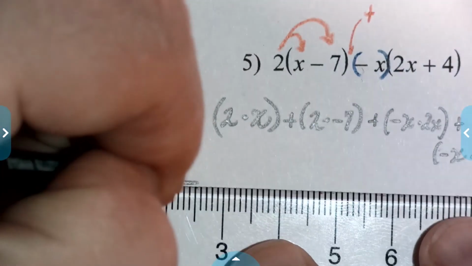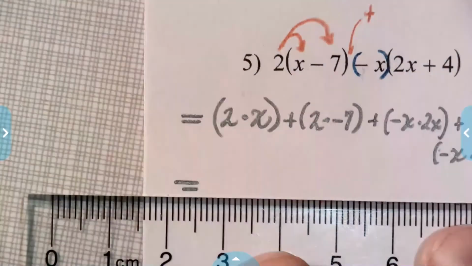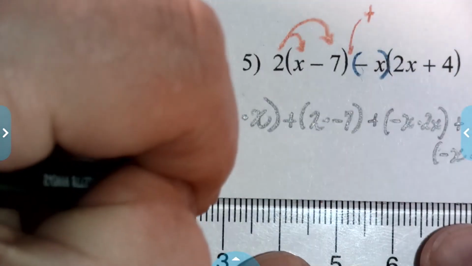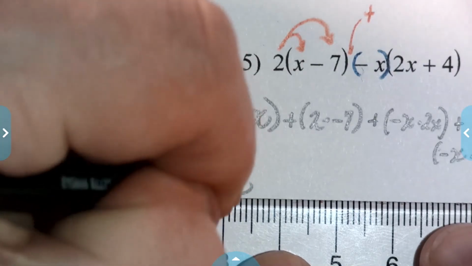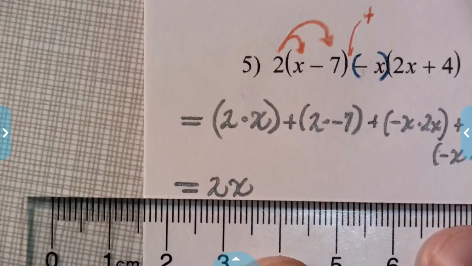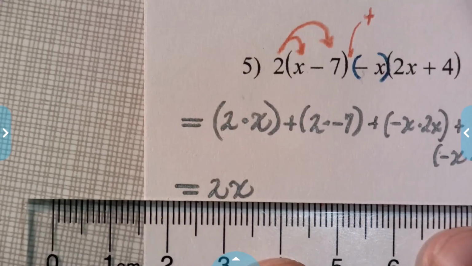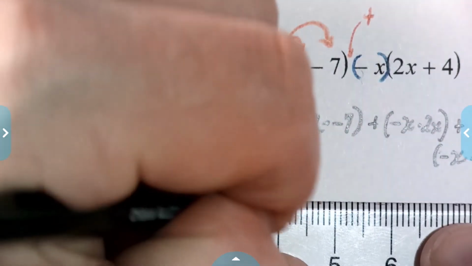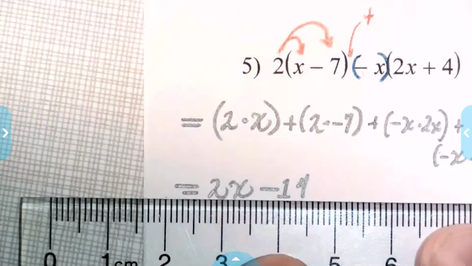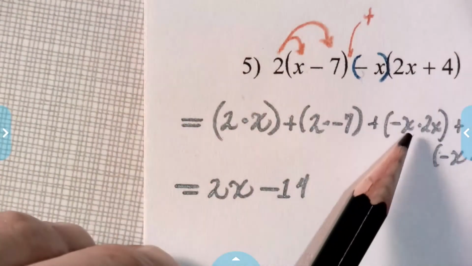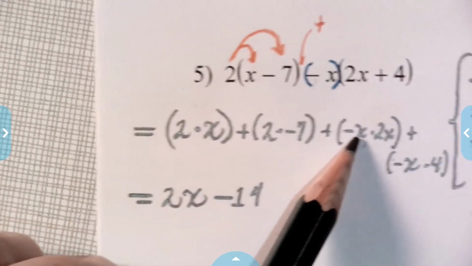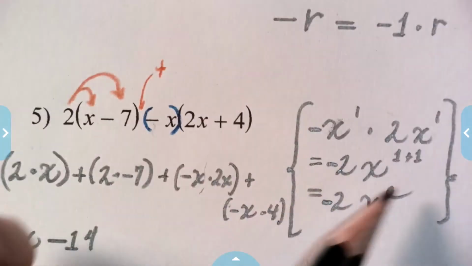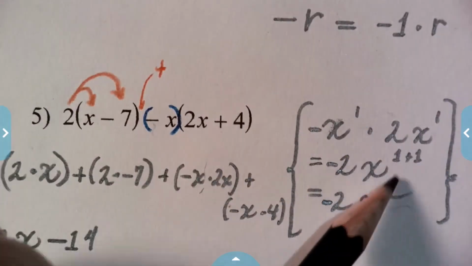So 2 times x is just 2x, so we can write 2x. And then 2 times negative 7, that's minus 14. Negative, so just put minus 14 here. And then we already talked about this. Negative x times 2x. That's this, negative 2x squared.